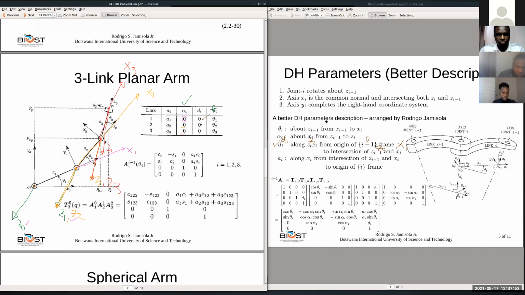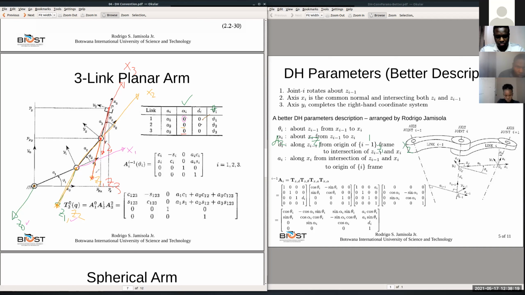Next, we consider D2. So that's D2 along Z1 from origin of frame 1 to the intersection of Z1 and X2.